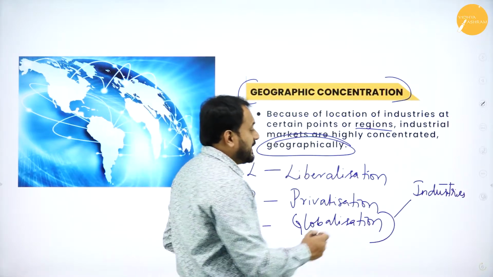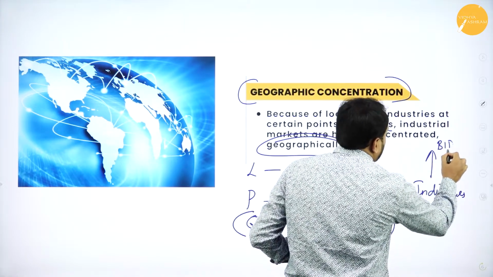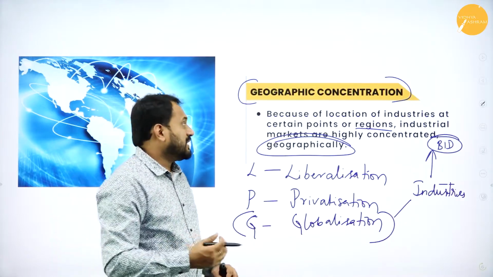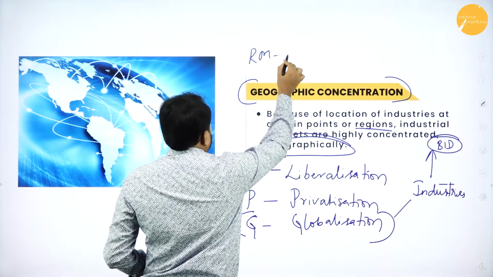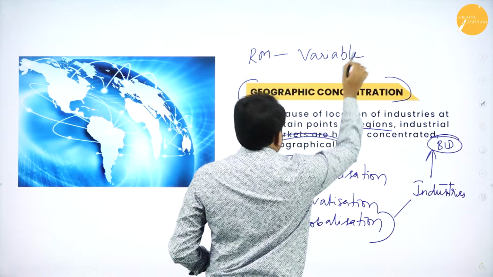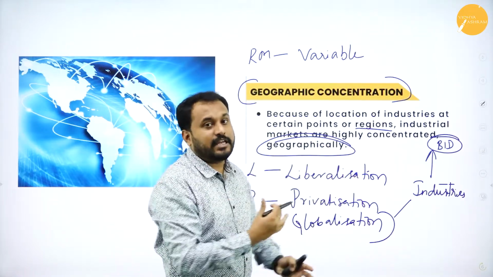That means the industries will go with any kind of bid amount because they want to manufacture. That's why raw material is always called variable. Because of more demand, everywhere you have the industries.